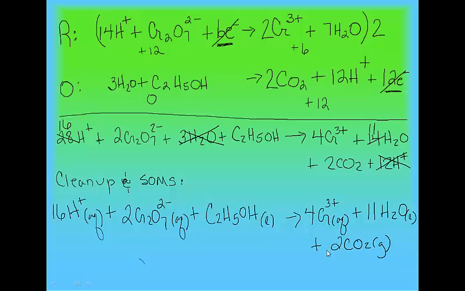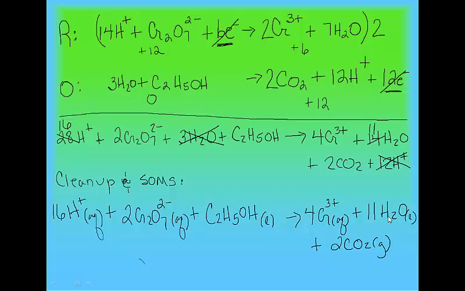Now, here's what I want to do. I am going to check it atomically and electrically. 16 hydrogens plus 6 more, that's 22. 11 times 2, 22 hydrogens.